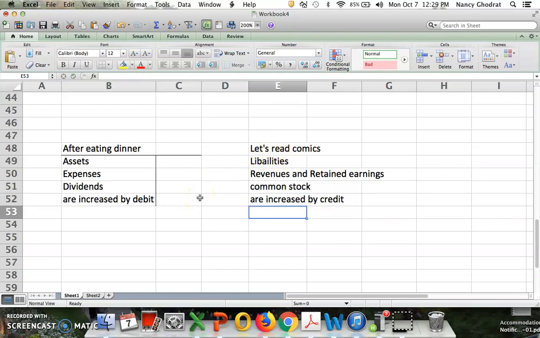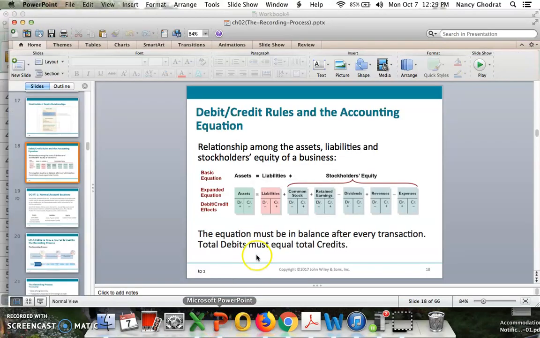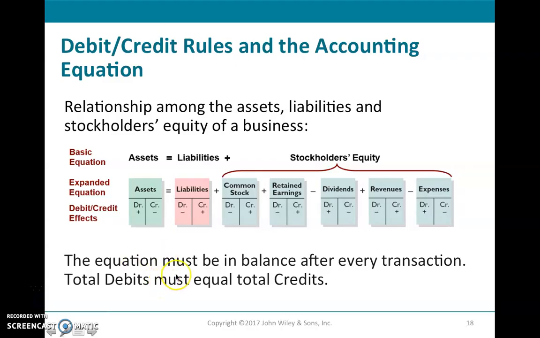So hopefully you will be able to remember this convention because it's really important. Otherwise, we're not going to be able to complete the rest of this chapter and the following chapters.